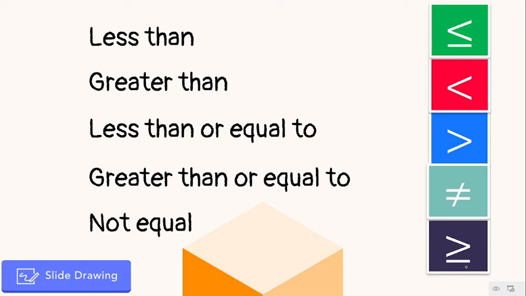I want you to match the symbols to its words. You're going to copy and then match it, and then you're going to take pictures and send it to me. You can post the video so that you can answer this activity. Okay, next.